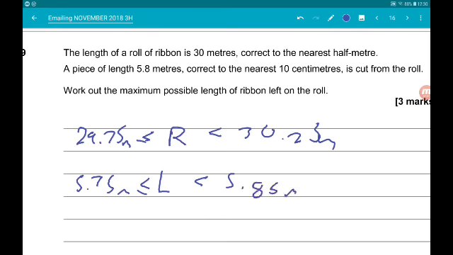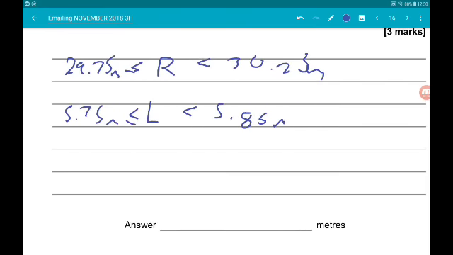So we want the upper bound of R minus the lower bound of L. So 30.25 minus 5.75, and that is going to give us 24.5 meters. Cool.